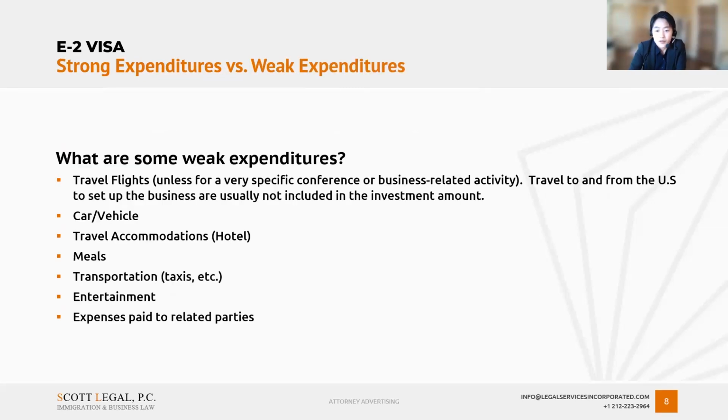All right. So let's go on to the next slide and talk a little bit about some of the weaker types of expenditures that we wouldn't recommend including in your investment schedule.